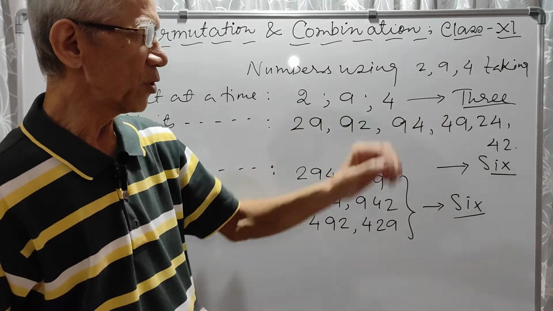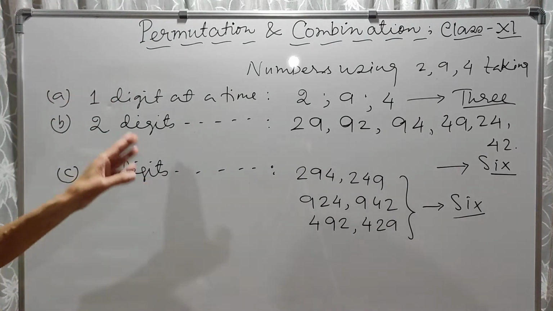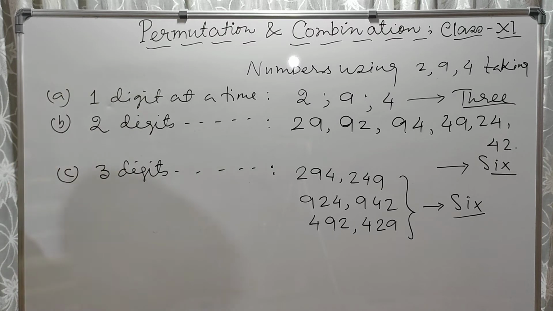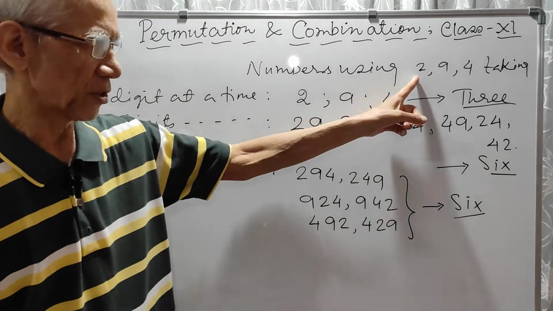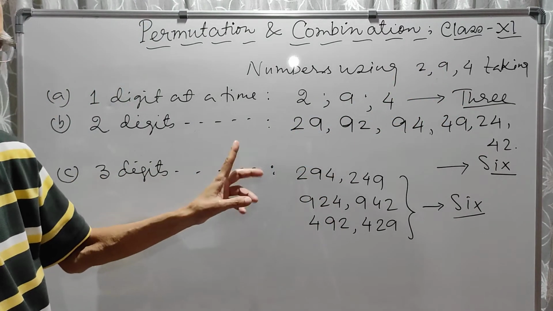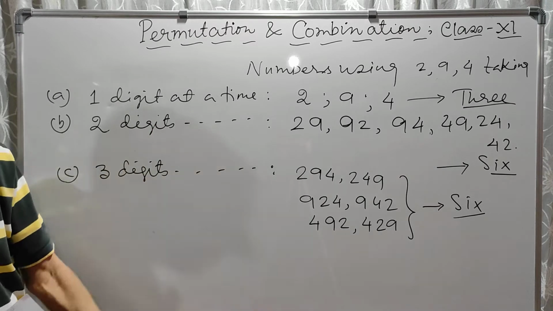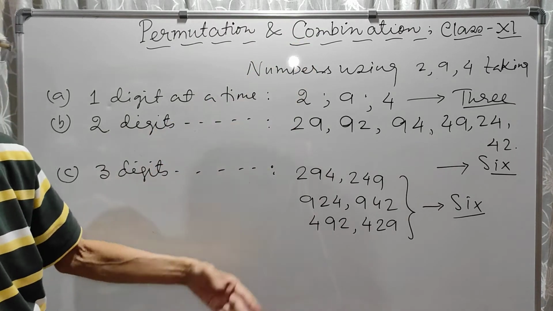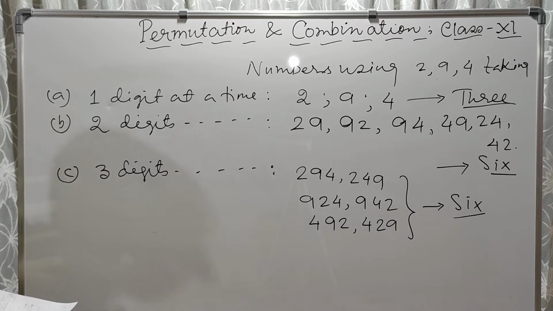Now in place of digits, we can consider objects. All right. Now this is the idea of permutation. In permutation, you have to remember one thing: the arrangement of the objects, the arrangement of the digits or objects, where the order is taken into account. But in combination, the order is not important. Simply the presence of the objects is important. All right.